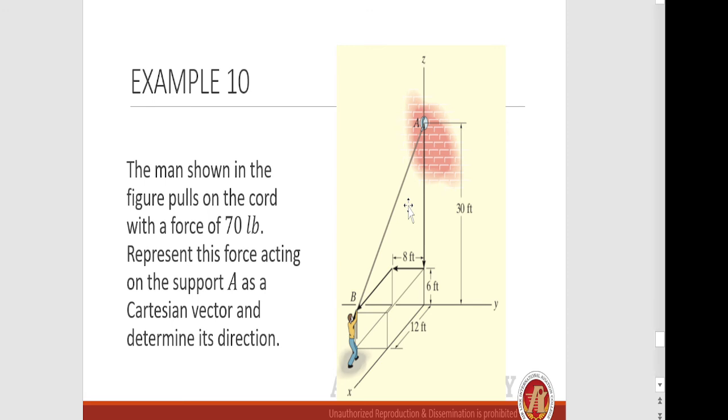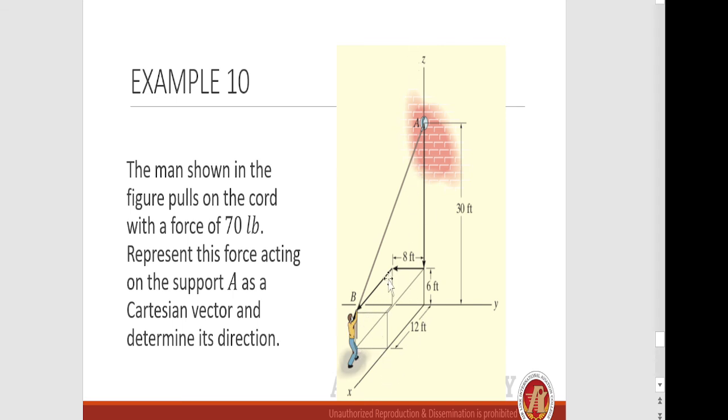So the last example, example number 10: the man shown in the figure pulls on the cord with a force of 70 pounds. Represent this force acting on the support A as a Cartesian vector, and determine its direction. The values are given: the distances along the x-axis, y-axis, and z-axis.